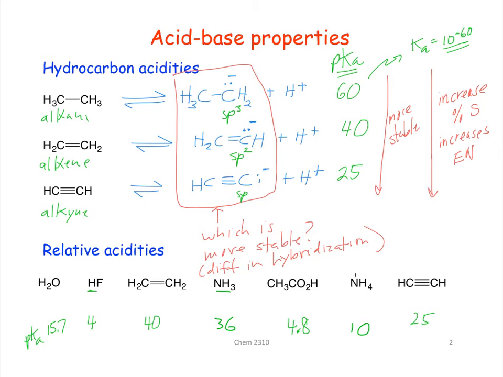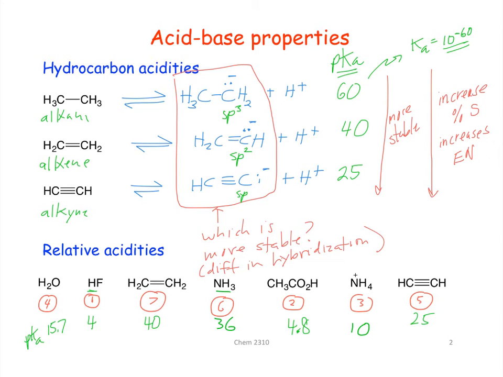So let's look at the relative orders here. What's the most acidic out of this group? We have HF is the most acidic, then acetic acid. What's next? Then the ammonium ion, then water, and then the alkyne, then ammonia, and then the alkene.